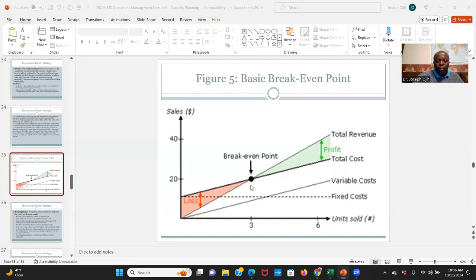At this point, which is 3 units for this graph, and $20,000 worth of sales, the total cost equals total revenue. So there's no profit and no loss. From this point up, you can see that profit starts to accrue. Below it is loss.